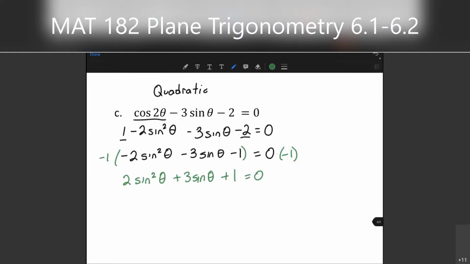All right, so I think we're now in line to be able to think about whether this factors or we're going to have to use another technique such as the quadratic formula. So what are the ways that you guys see this factoring, if possible?